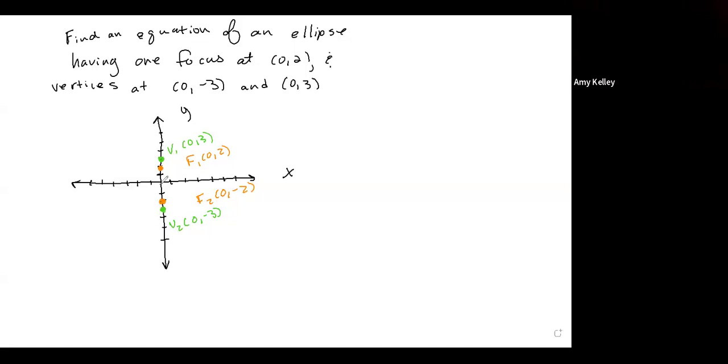Since the vertices are (0, 3) and (0, -3), and the vertices always lie along the major axis, this tells me that for this ellipse, the major axis is along the y-axis, therefore the form of this equation is x squared over b squared plus y squared over a squared equals 1.